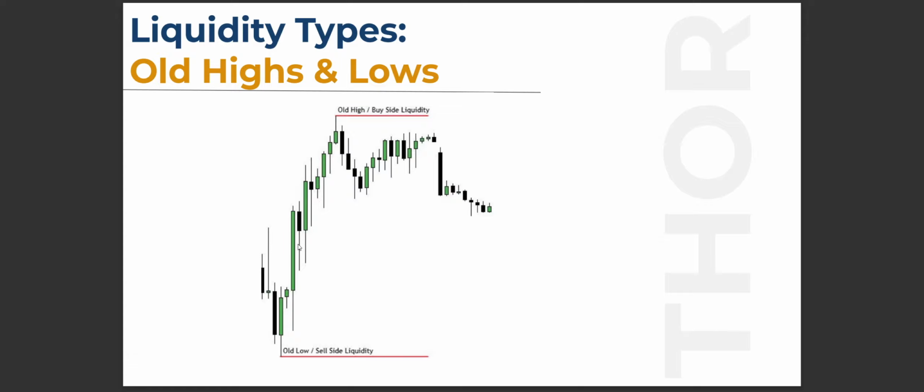And on the other side, at old lows, once the price moves away from an old low, we know that some people were buyers at these lows, and once it moves away from it, they move their stop losses below the old low and generate the sell side liquidity.